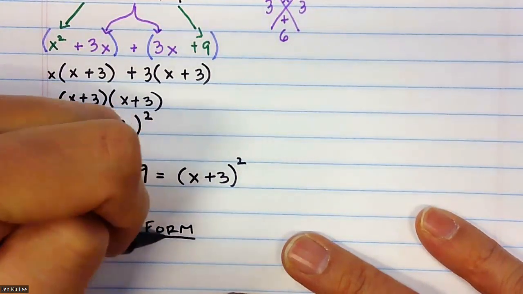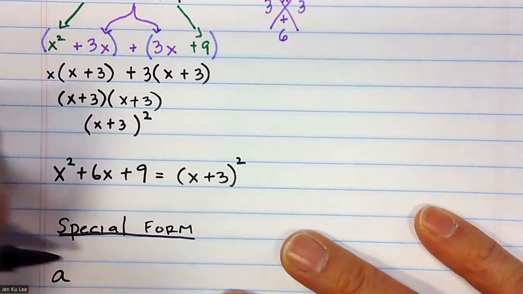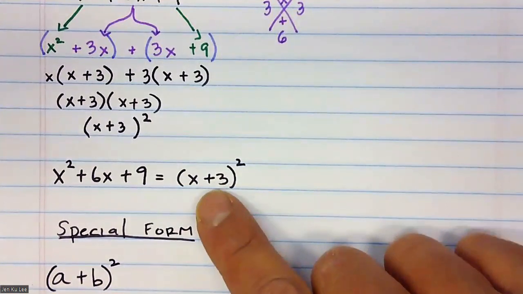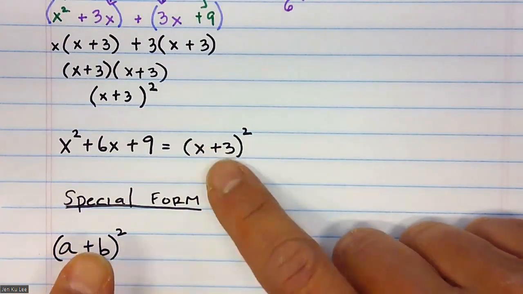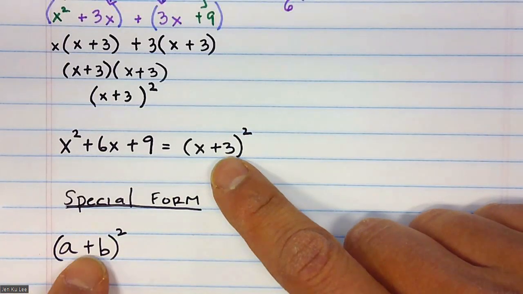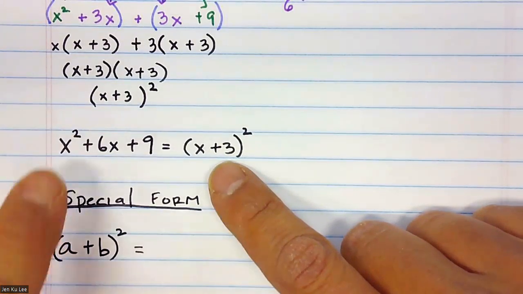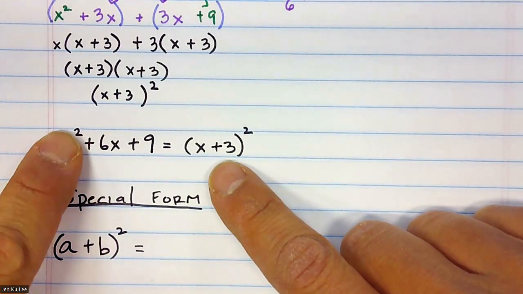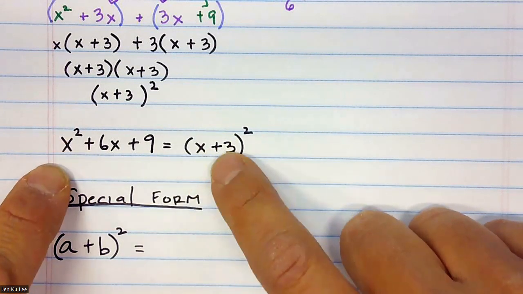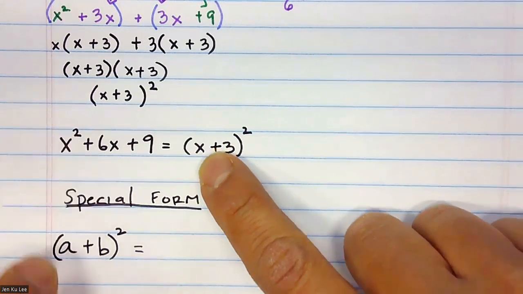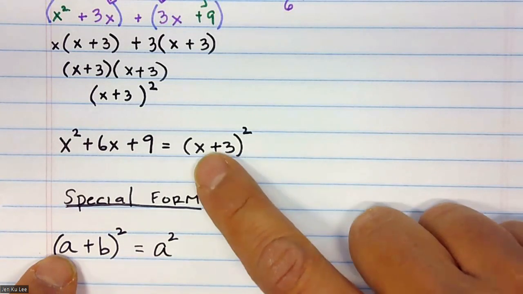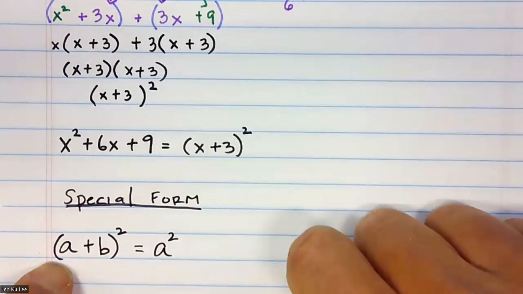If I say a plus b quantity squared, just like x plus 3 quantity squared, I use a and b just as a generic form, it equals a squared, right? It's going to be this first term squared. In x plus 3, the x is squared. So in the generic form, it's going to be a squared because that a and the x are in the same spot.